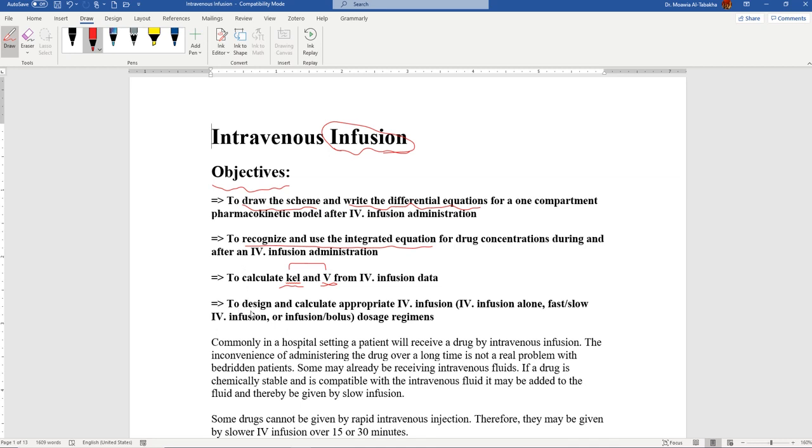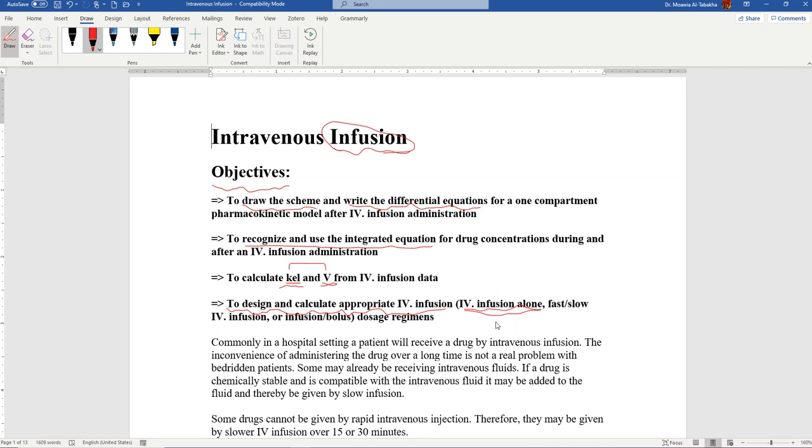Another thing, and this is very important, is that you are supposed to design and calculate an appropriate IV infusion. For example, if I tell you I want to reach a concentration of, let's say, 15 milligram per liter, then you are supposed to tell me what infusion rate I should give, for how long, etc. You will learn later that with infusion alone, the drug can take very, very long to reach the desired concentration.